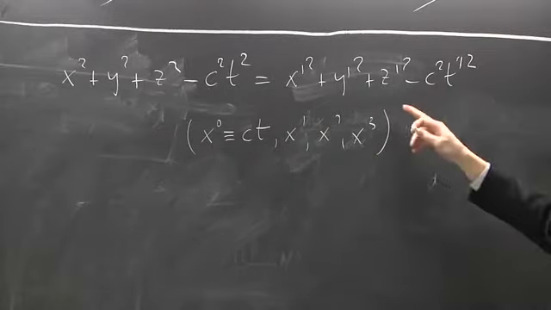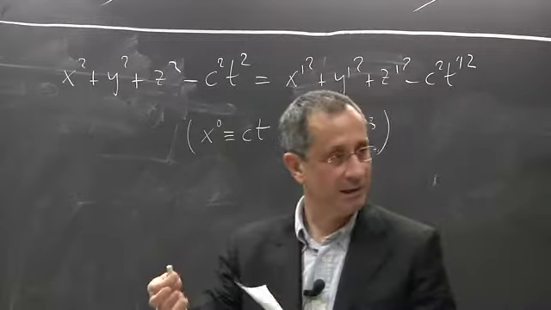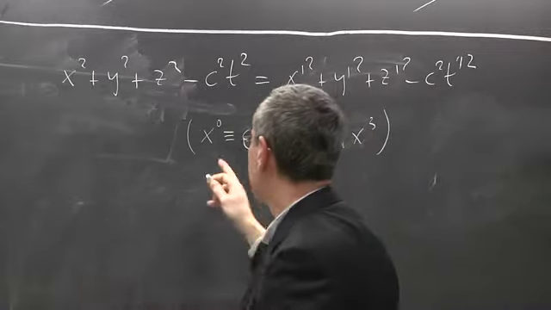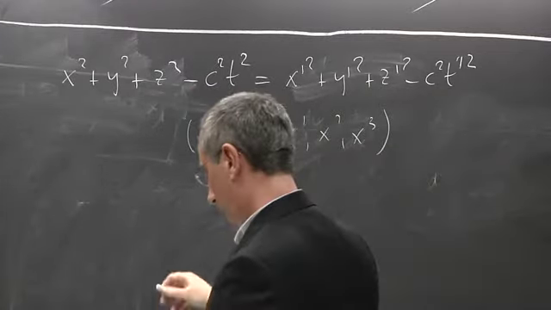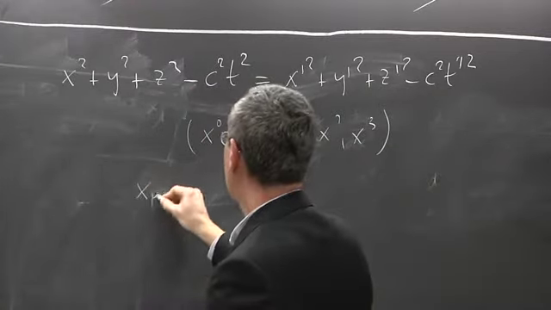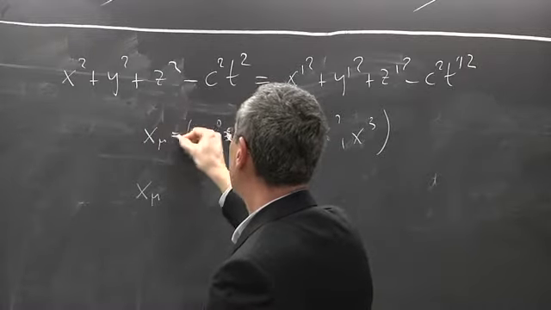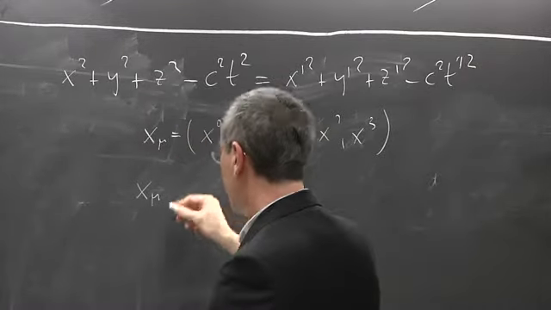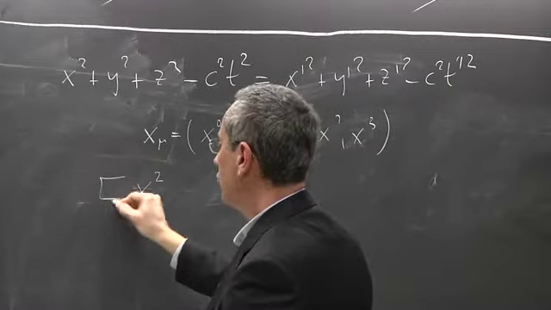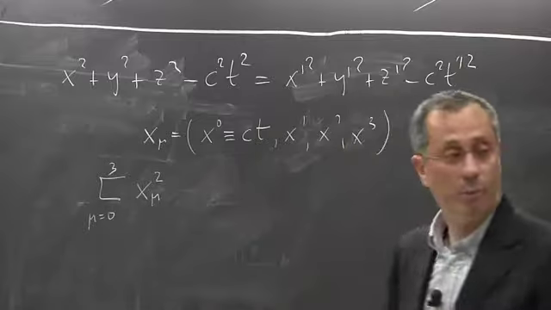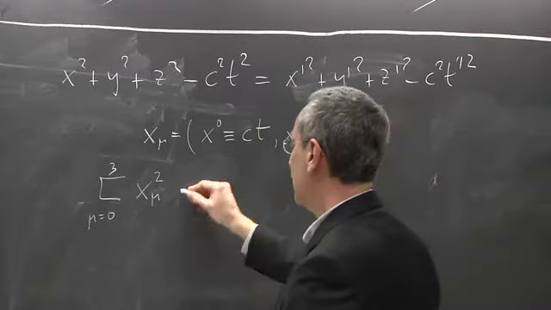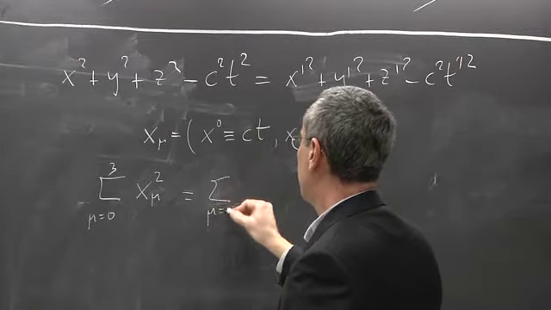Then this becomes very simply that the length of this vector, a peculiar vector because of this minus sign here, is constant, right? That means that x mu squared, where you sum mu from 0 to 3, where 0 is the time component of this vector, remains the same, right?